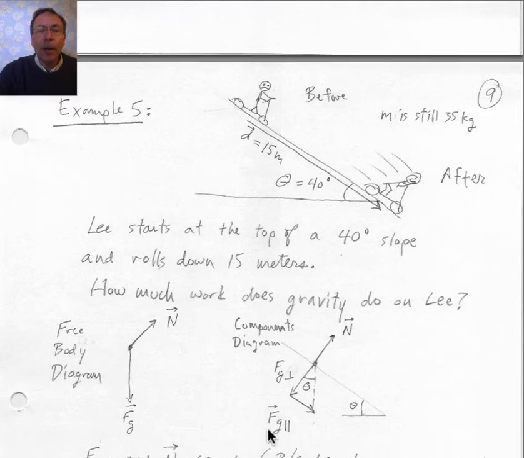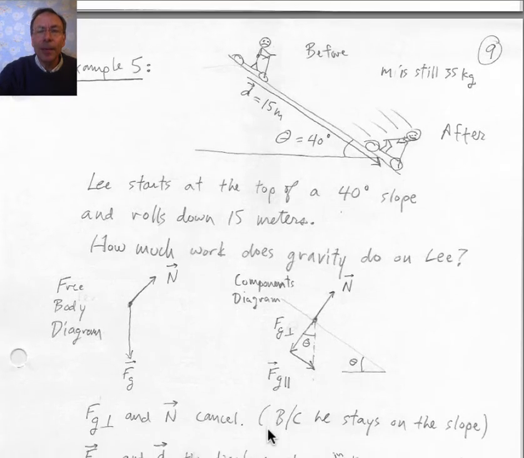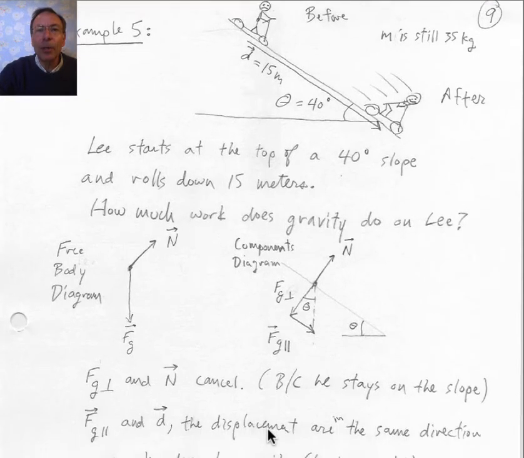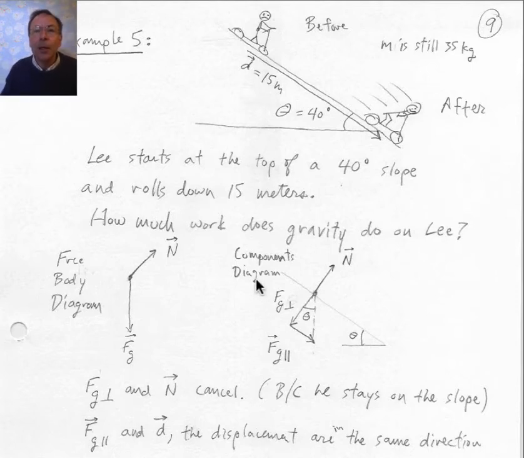So now another example. It's also going to be the work-energy theorem here. Lee is now at the top of a slope. He built himself a ramp, and he's up at the top of this ramp, and it's 15 meters long, and it has a 40-degree slope.